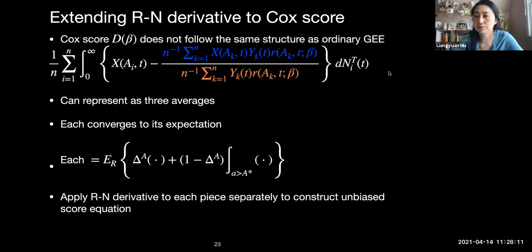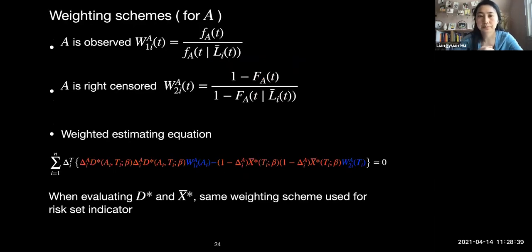Each average converges to its expectation. And because it's an expectation, we can do similar tricks as before: break it into two parts, where the second part is when we don't observe A, and then apply the law of total expectation. Then we apply the Radon-Nikodym derivative to each piece separately to construct the unbiased estimating equation.